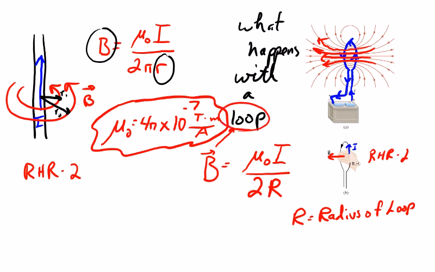Now, what if you decided to make more than one loop? What if you had the wire go 1, 2, 3, 4, 5 different loops? If you had a number of loops, you would put a big N in front of this equation, where this big N is the number of loops.